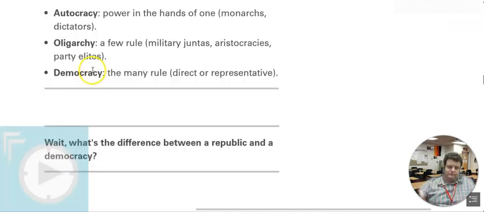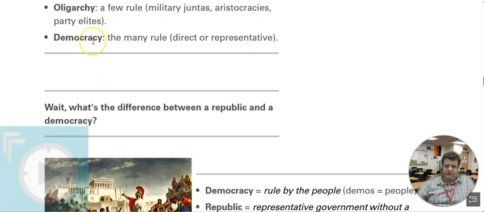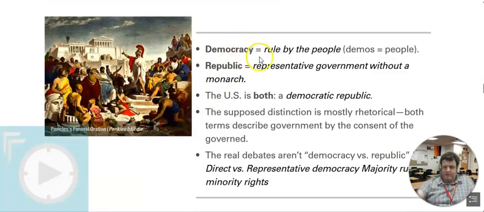Now, one of the things that's kind of come up is I've said democracy and I've said republic, and they sound a lot alike, and some of the definitions are a bit confusing. Democracy is rule by the people, and republic is representative government. Well, which is it? The United States is what you would call a democratic republic.